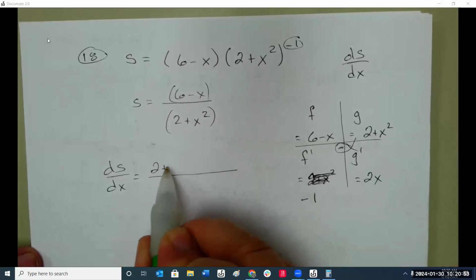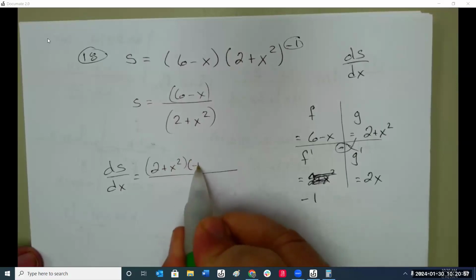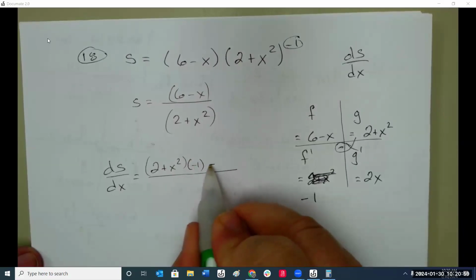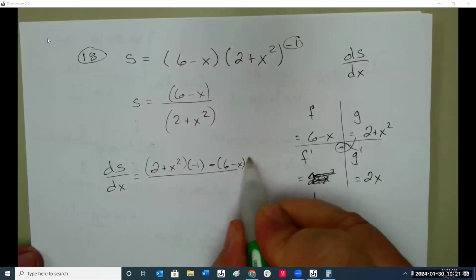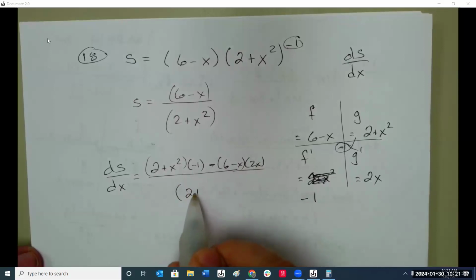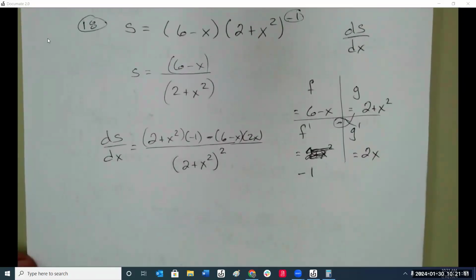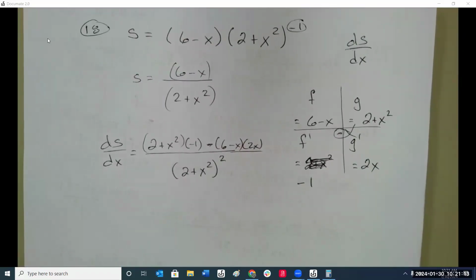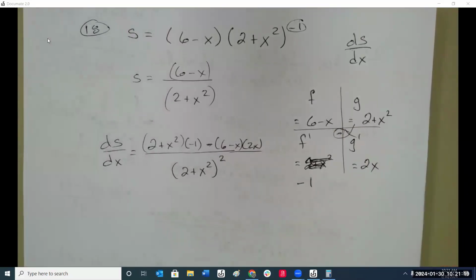So it's 2 plus x squared times -1 minus 6 minus x times 2x over the denominator squared. As I said, see, the first step is calculus, this part here. The rest is algebra.